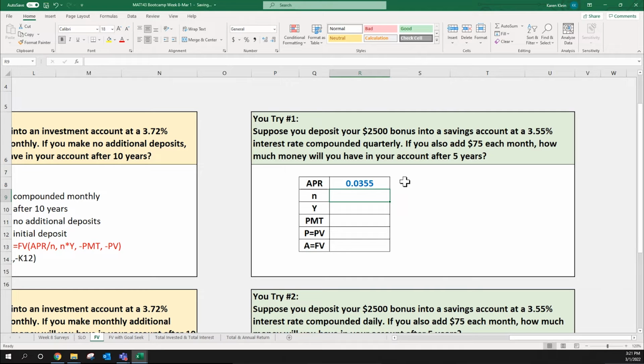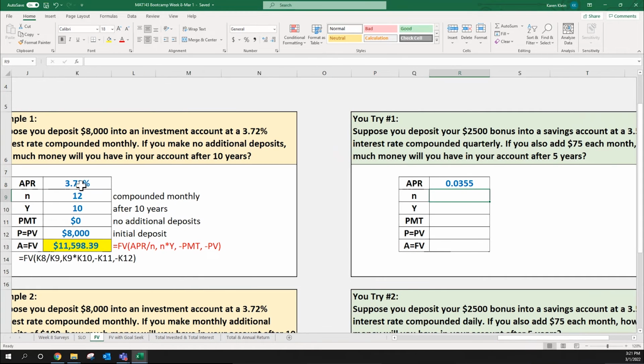Remember going back to that first unit we had together, we would convert percents into decimals before we use them. Because Excel is fancy, it can do it for us. If you're doing it by hand, you will have to convert it to decimal first. If I turn off the formatting for percentage here and just make it a number, you'll notice that this is really just a decimal in disguise. Gotcha. Okay. Thank you. Good point.